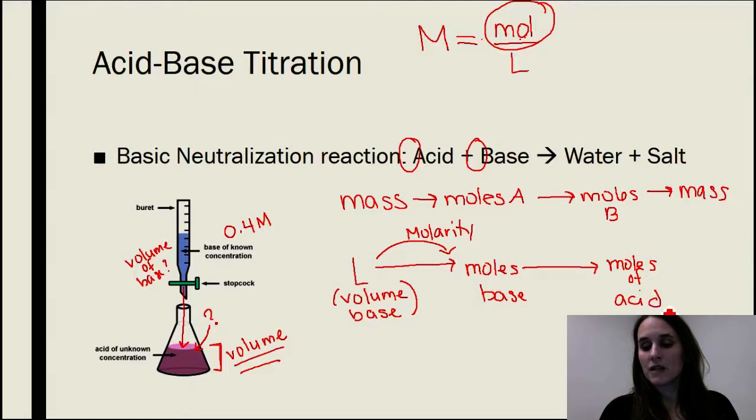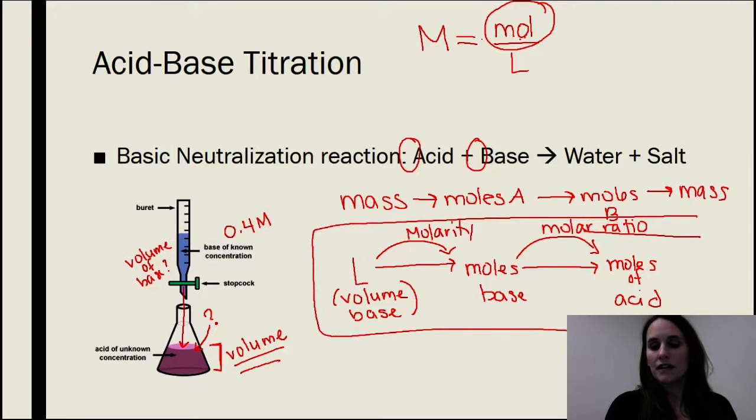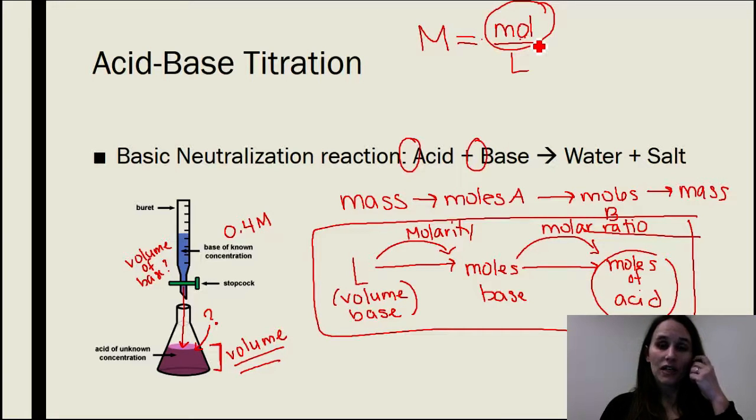Sometimes that's a 1-to-1 ratio, and sometimes it's not, so it is important to include this step where we look at the molar ratio between my acid and base. For titrations, we usually stop there, because once we've done this step, that gives us moles of acid, and now we can calculate the molarity, or the concentration, of the acid.